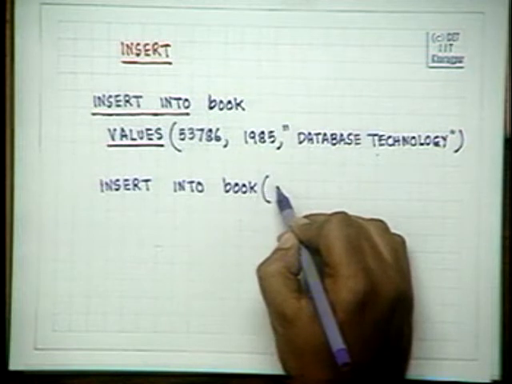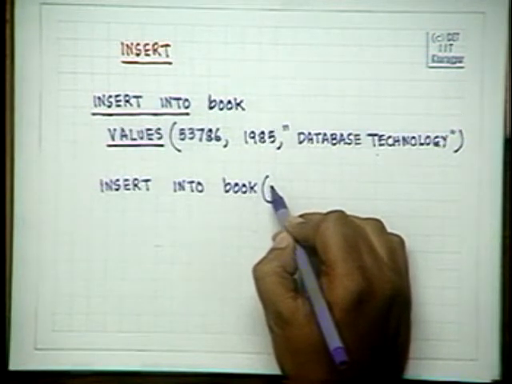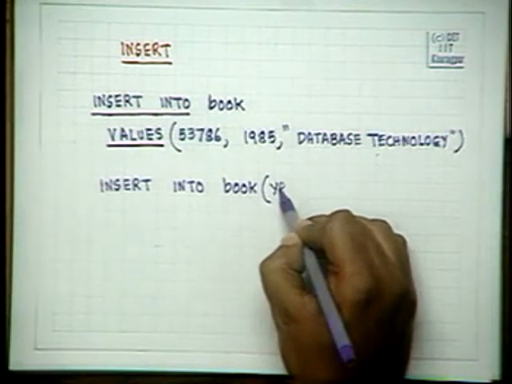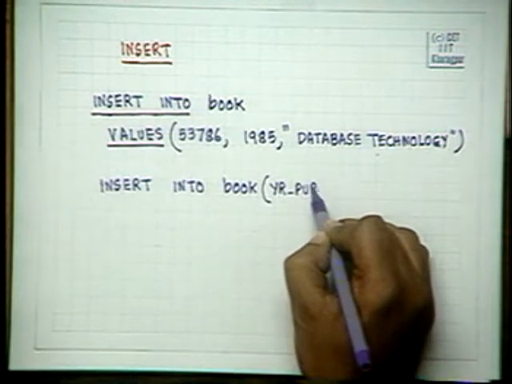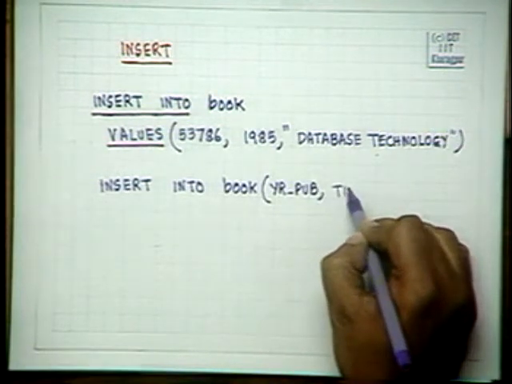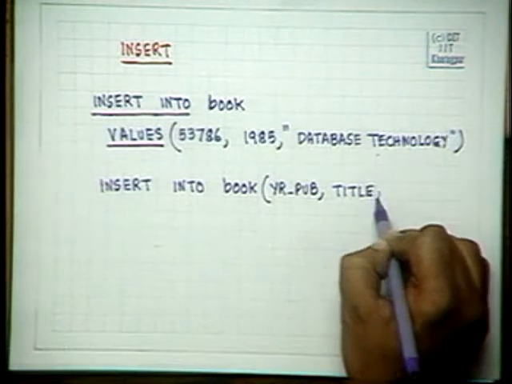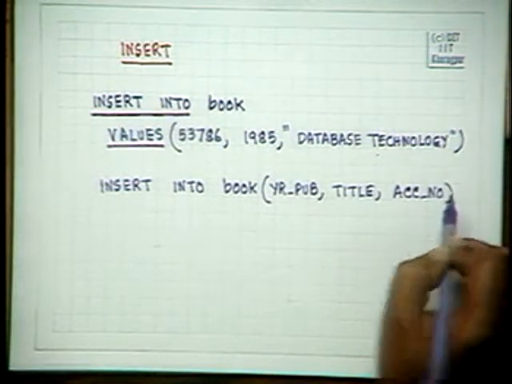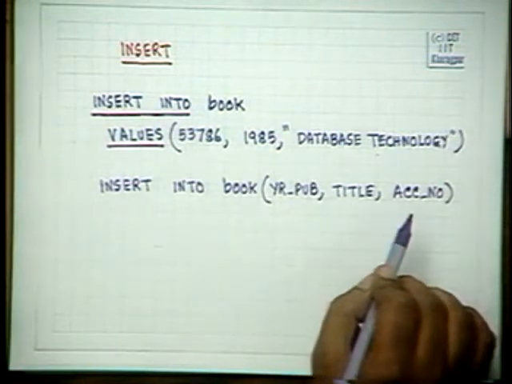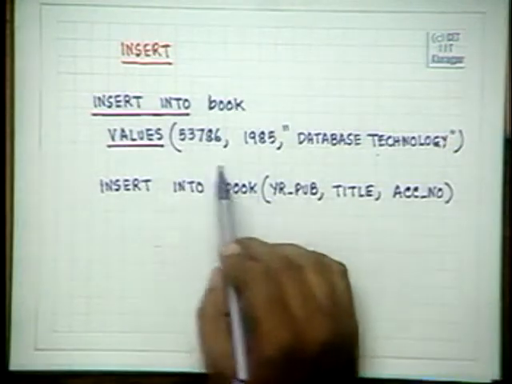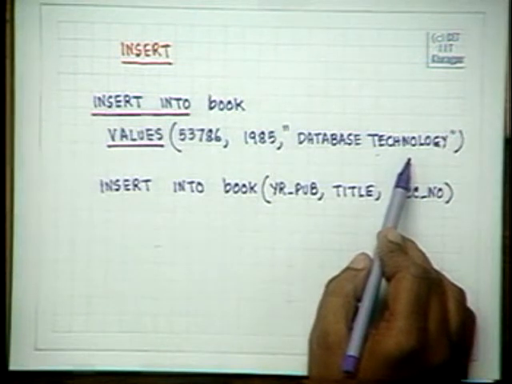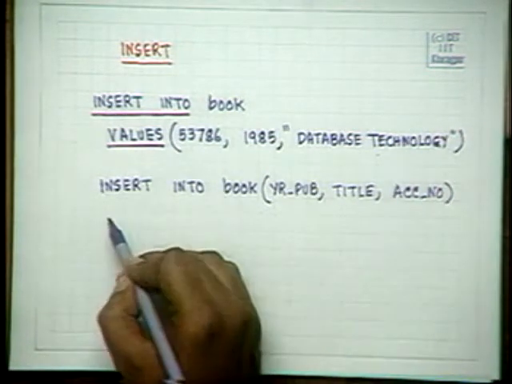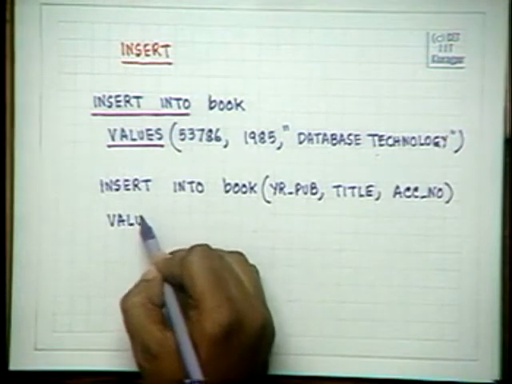You can write down explicitly the attributes that you want to use. Now you have given the attributes in this order. It is different from the order of the attributes mentioned here. And now you will write them down in that order.